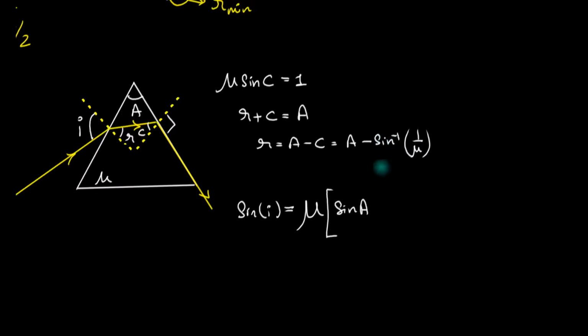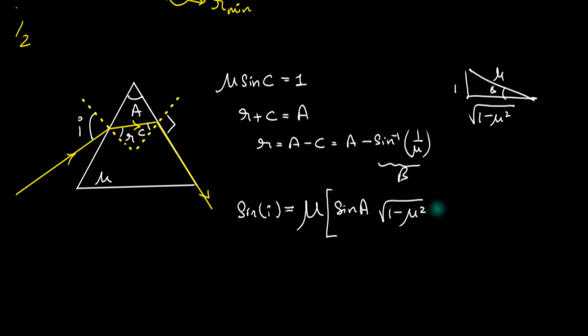Think of this as B. So sine A cos B. What is cos of this? Well, let's draw a triangle to figure this out. If this is some angle B, then this is 1, this is mu, this is root of mu square minus 1. So sine A times root of mu square minus 1 minus cos A sine B. So you get cos A times sine of sine inverse, so it's just 1 over mu. Okay, so this is what I get.